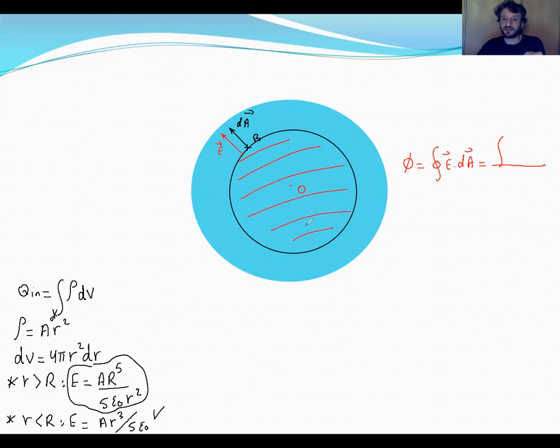The limit of the integral will be between 0 and r, small r, not capital R. So we get here rho equals a r squared times dV, 4 pi r squared dr, divided by epsilon 0.